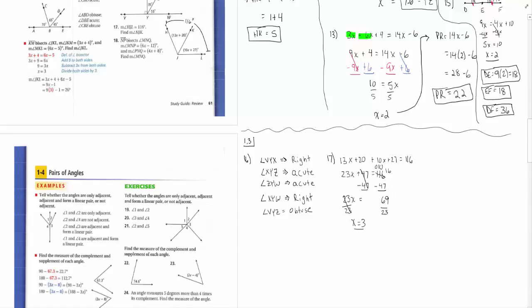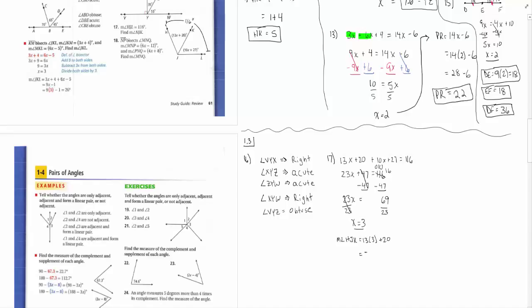Now again, that's not your answer. You need to take that answer and go and plug it back into what we want. We want HJK. So the measure of angle HJK is going to equal 13x, which is 3, plus 20.